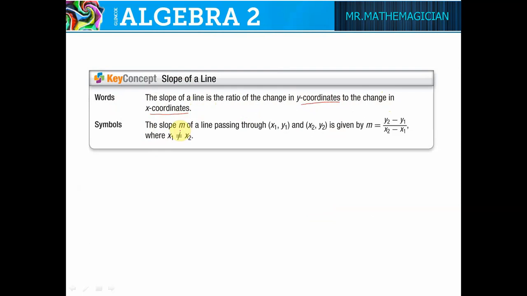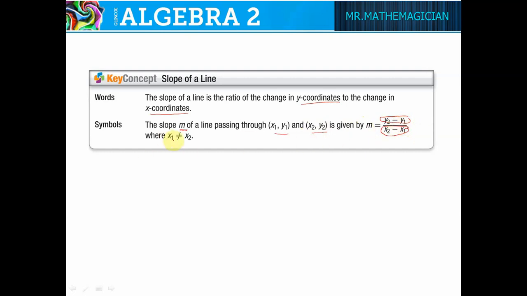So the slope, let's say m, of a line passing through 2 points like x1, y1 and x2, y2 is given by m, the slope, equals y2 minus y1 over x2 minus x1. y2 minus y1 means the change of y, x2 minus x1 means the change of x.